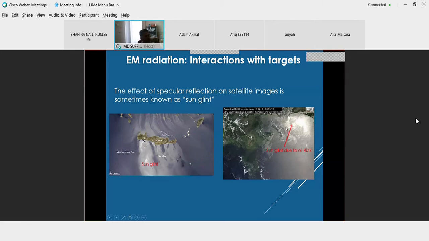Dan satu lagi kalau kita tengok kat sini, oil slick pun sama juga, because of this specular reflection. So it will give just a constant magnitude of radiation. Sun glint due to oil slick.